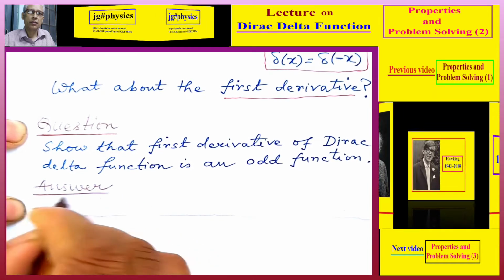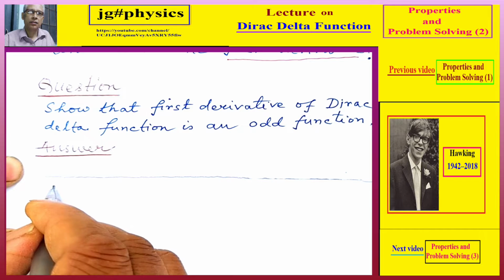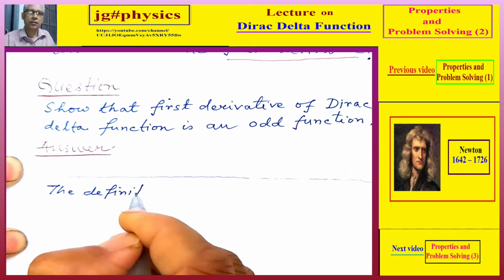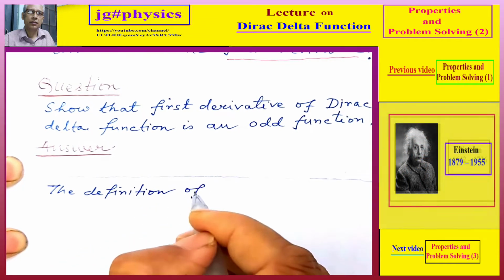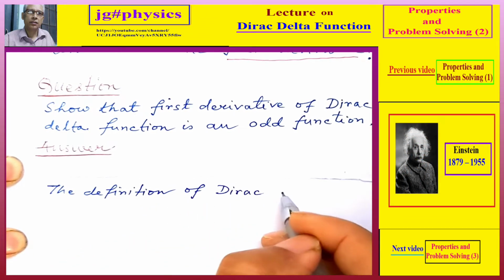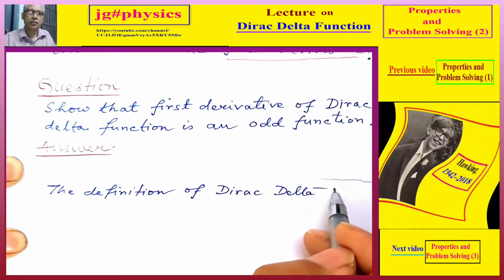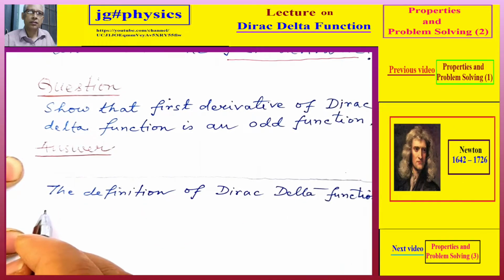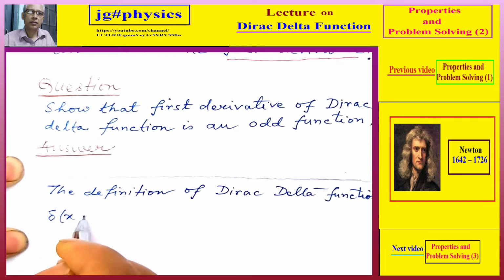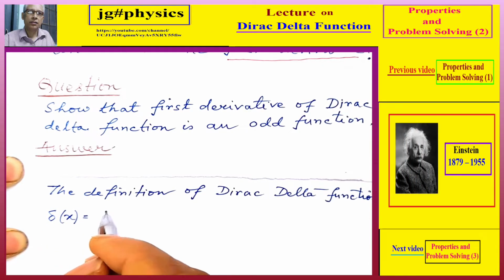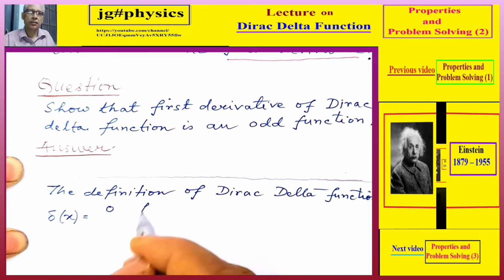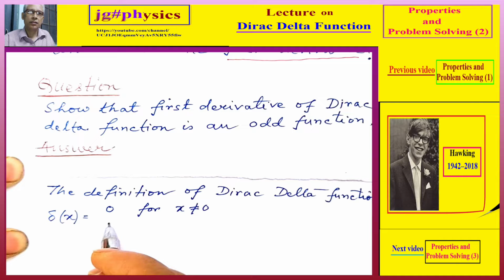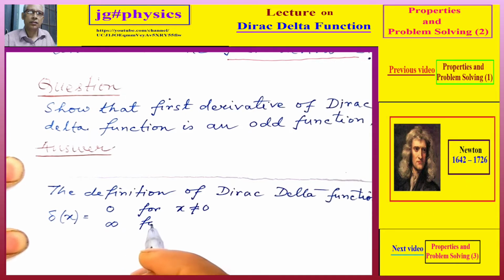Let us consider first the definition of the Dirac delta function. And we know that Dirac delta function of x is 0 for x not equal to 0, and it is infinity for x equal to 0.